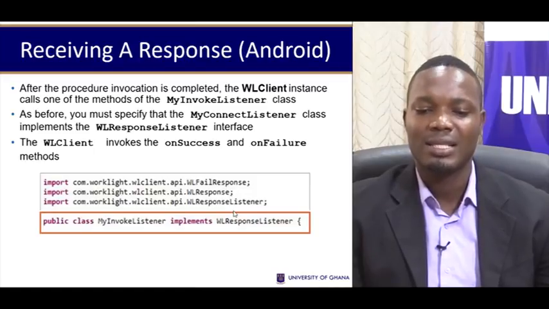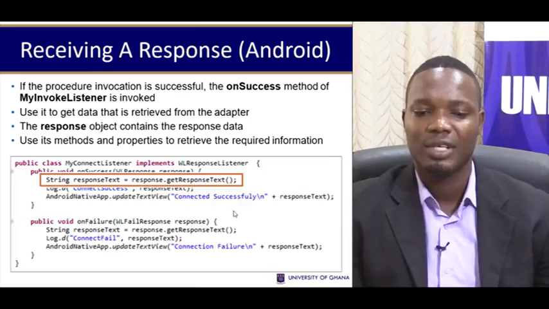The WLClient invokes the onSuccess if it's successful, and then the onFailure method if it fails. If the procedure invocation is successful, the onSuccess method of the MyInvokeListener is invoked. So we've seen that, and this code snippet is actually showing us how that is going to be done and how we can get the response text from the response object and then use it appropriately.